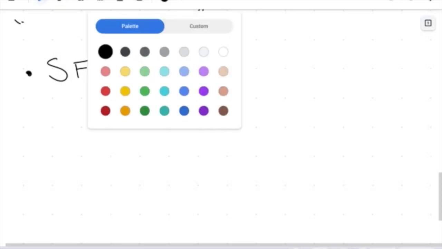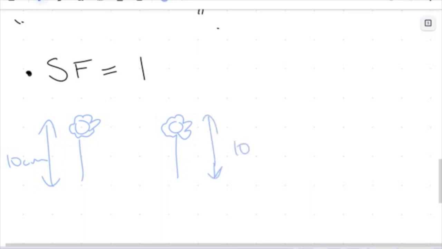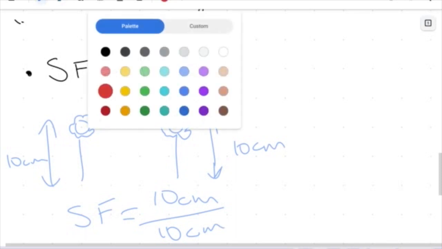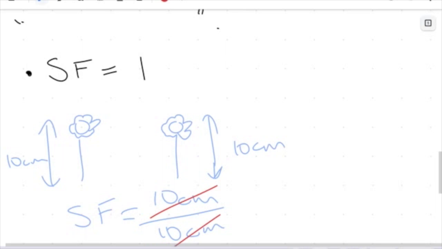So for example, we have our flower. This is maybe 10 centimeters. We have another flower that is also 10 centimeters. Well, our scale factor is going to be 10 over 10. And from here you can pretty clearly see we're going to wind up with 1. A scale factor of 1.